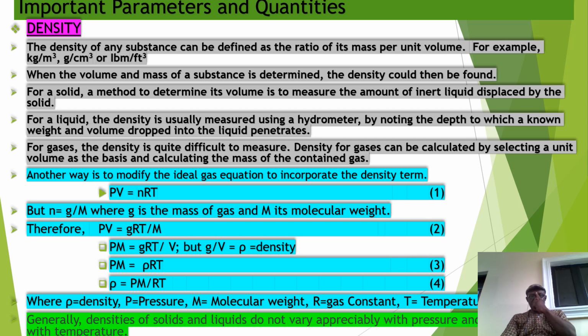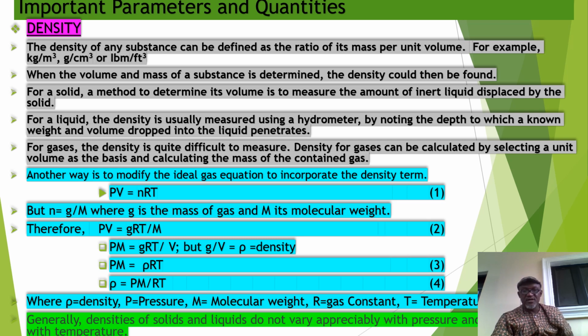If you remember our ideal gas equation, PV is equal to nRT, where n is the number of moles, which is g divided by the molecular mass, where g is the mass in grams and M is the molecular mass. Therefore, PV is equal to gRT over M. We can rearrange and have PM equal to gRT over V, where g over V gives us the density. g is mass, V is volume.